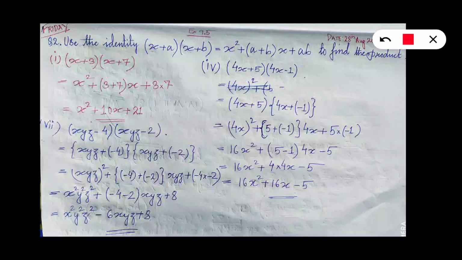I explained how to implement the 3 identities in our last video. Now today we'll implement all those 3 as well as this 4th one also in question number 2, and so on. Without any delay, let's start.